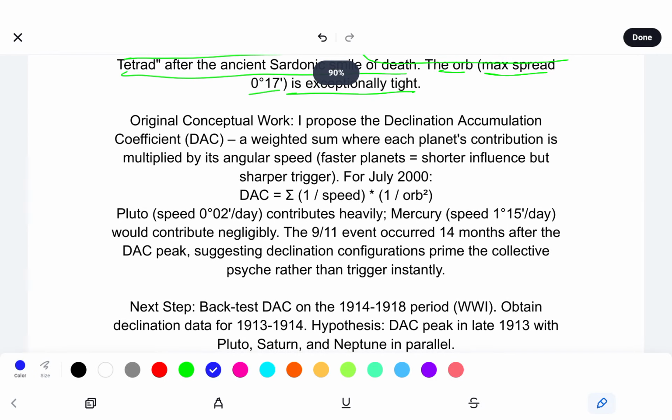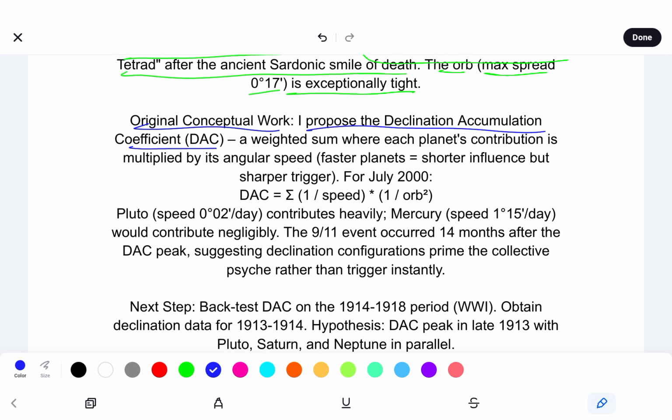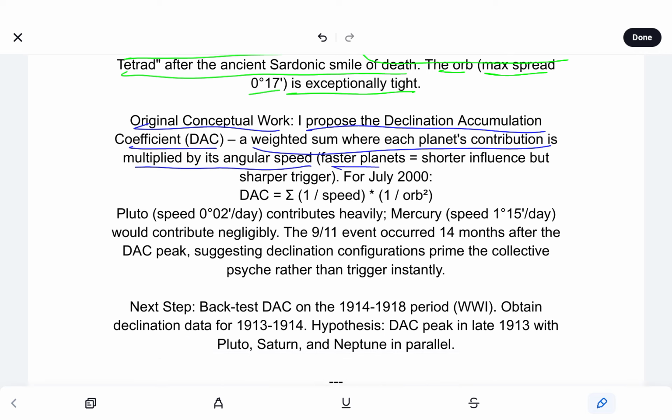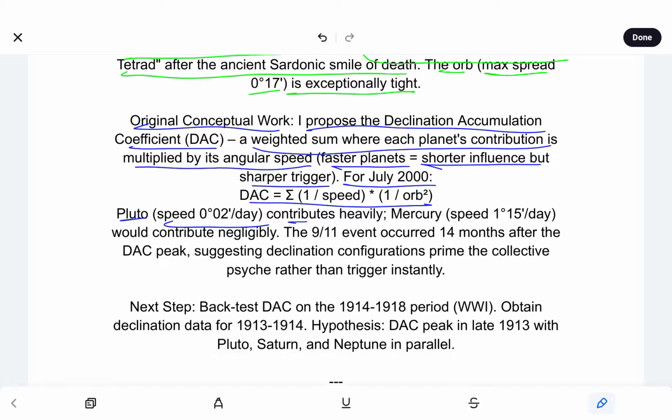And then we see our original conceptual work here: I propose the Declination Accumulation Coefficient, DAC, a weighted sum where each planet's contribution is multiplied by its angular speed. Faster planets mean shorter influence but sharper trigger. For July 2000, we see DAC equaling 1/2 the speed multiplied by 1/2 of the orb squared. So Pluto, speed 0 degrees 02 per day, contributes heavily.